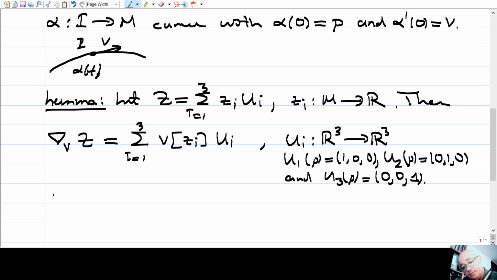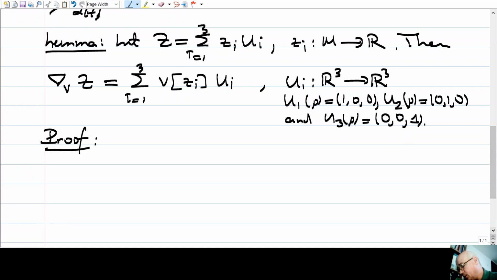All right, here is the proof. Proof is just writing down the definition in detail. All right, so what is Z alpha t? As I wrote above, this is nothing but Z of alpha t, okay?